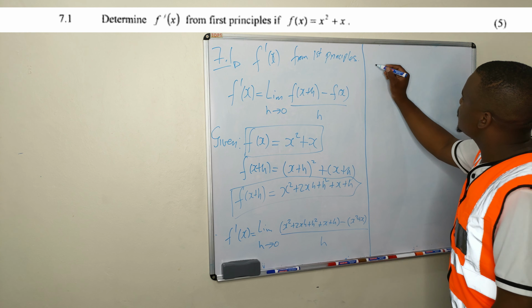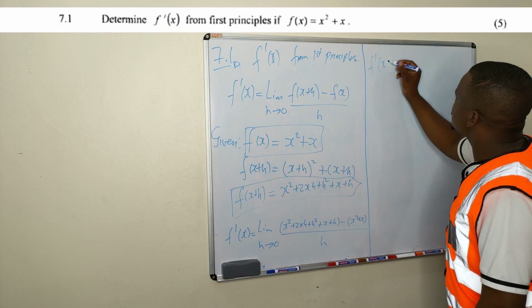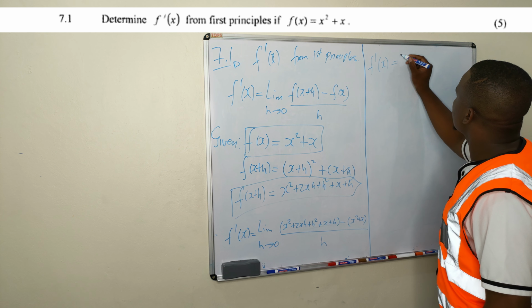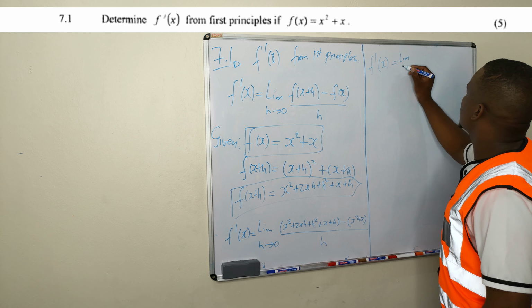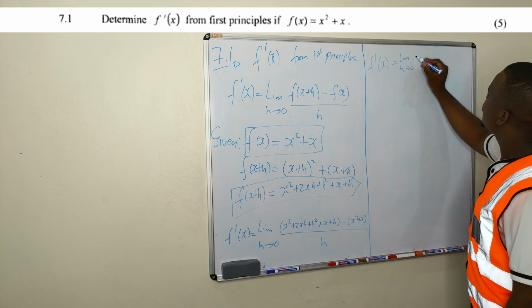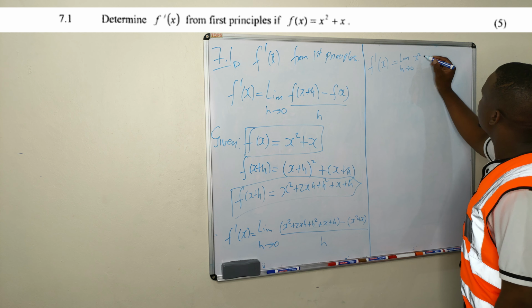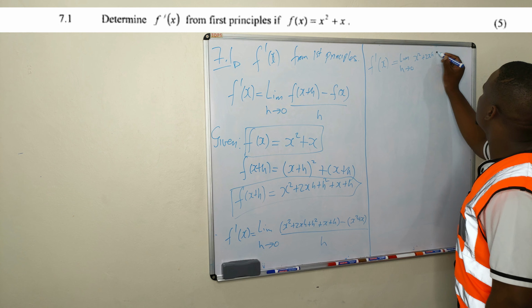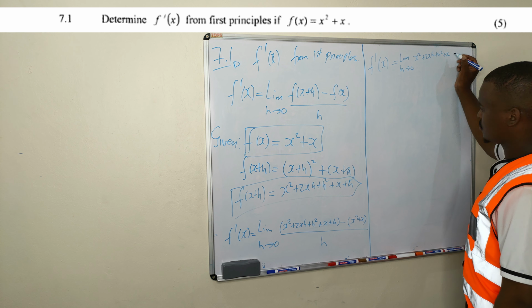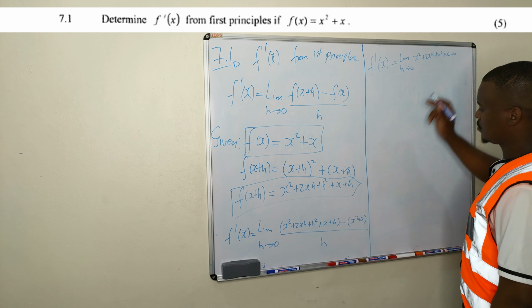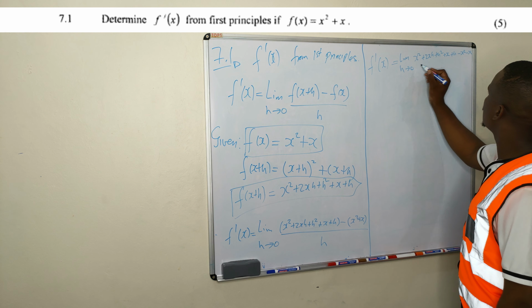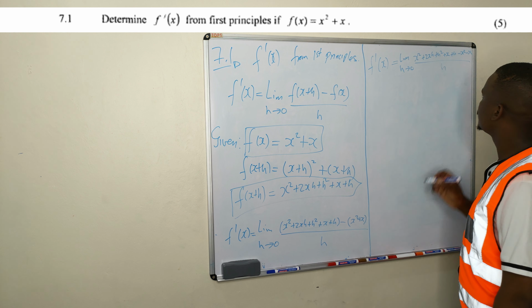Then we just simplify this. f prime at x is equal to the limit as h goes to 0 of what? Of x squared plus 2xh plus h squared, right? Plus x plus h minus x squared minus x all over h.